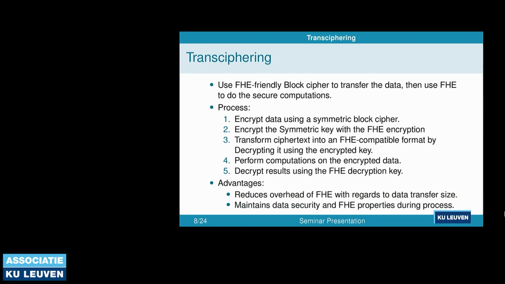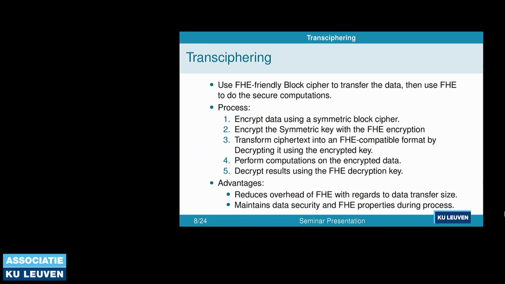Then we can transfer the data, which means that it stays relatively small. It's just as big as the normal block cipher operation, instead of growing very big with the FHE encryption.